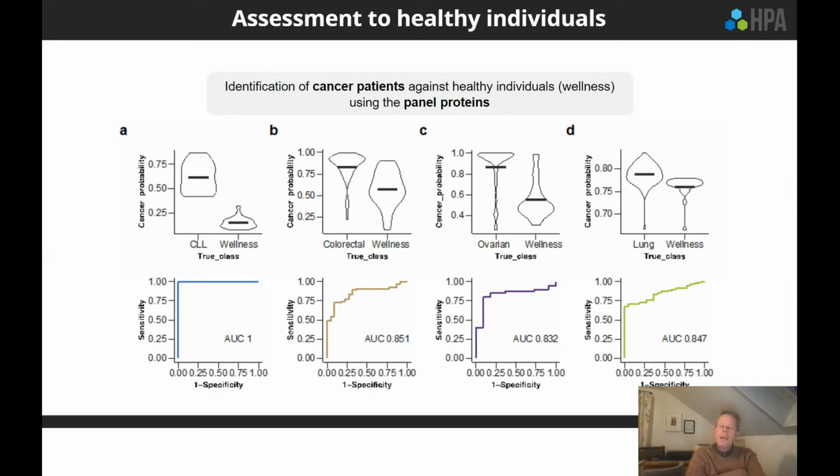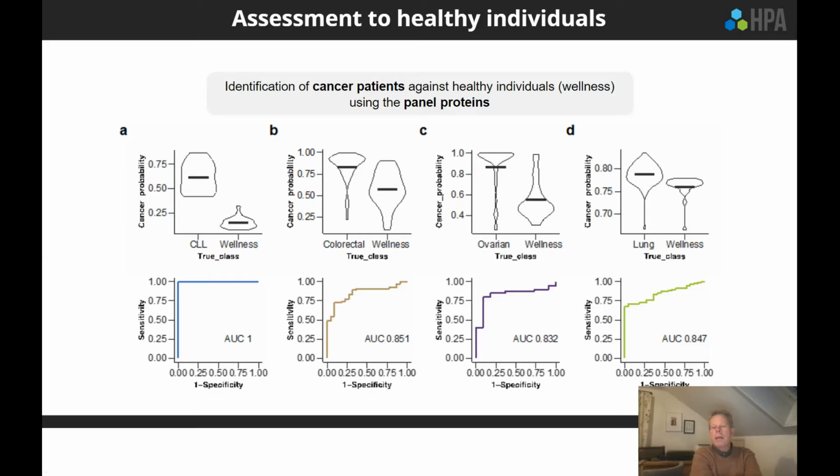It's also, of course, interesting to see, can we use this to pick out which of the patients have cancer, and not only then, as I showed before, compare it with other cancer patients, but also to compare it with healthy individuals. And this just shows you 4 examples of the comparison between the healthy individuals, which is called wellness here, and then 4 different cancers.